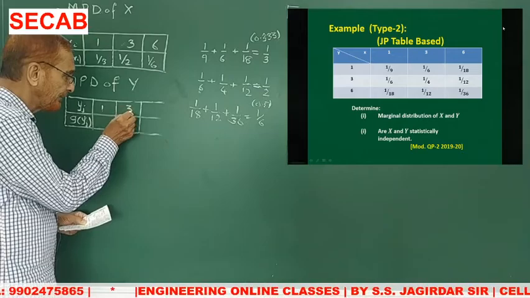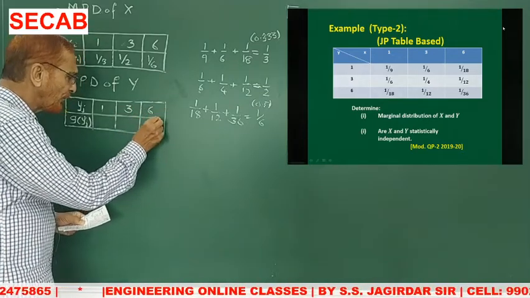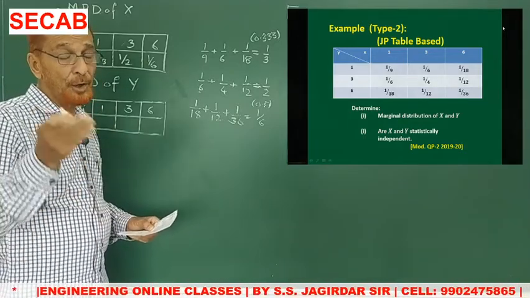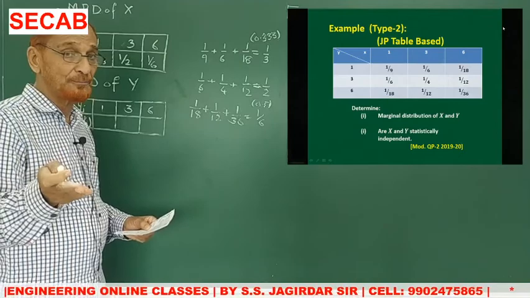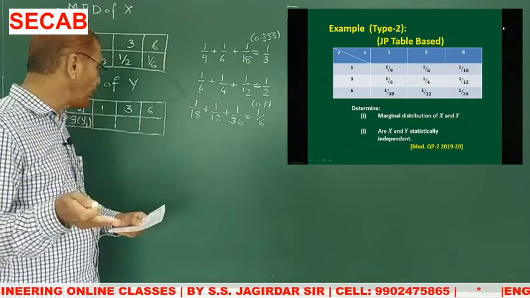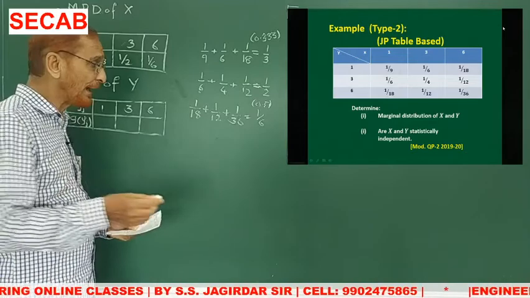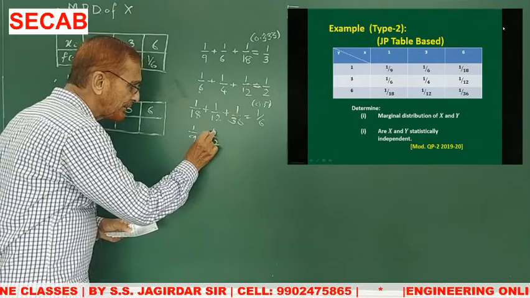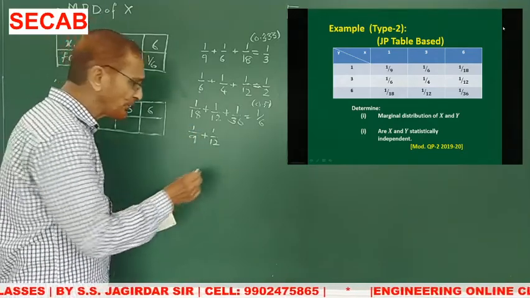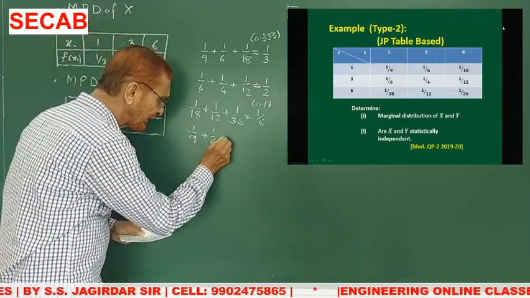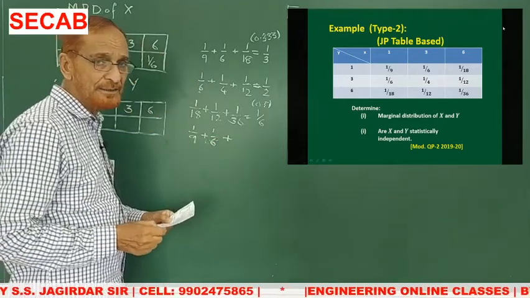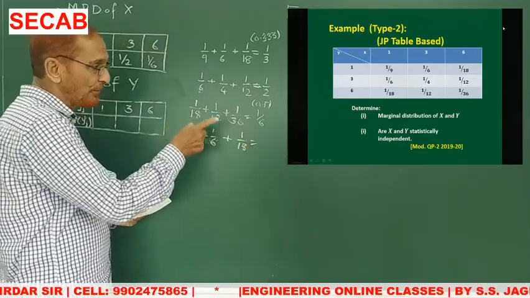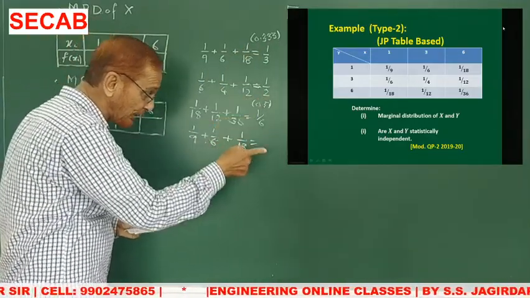3 and 6. And for 1, what is the probability? Because it is a case of the y, you have to go for columns. The column values against 1 are 1 upon 9 plus the next value 1 upon 6 plus the next value 1 upon 18. 1 upon 9, 1 upon 9, 1 upon 9, 1 upon 6 and 1 upon 18.